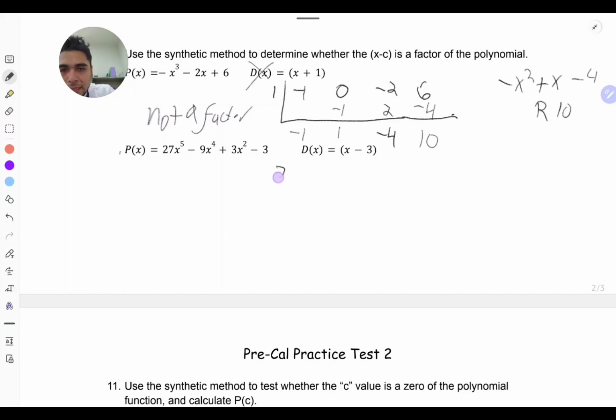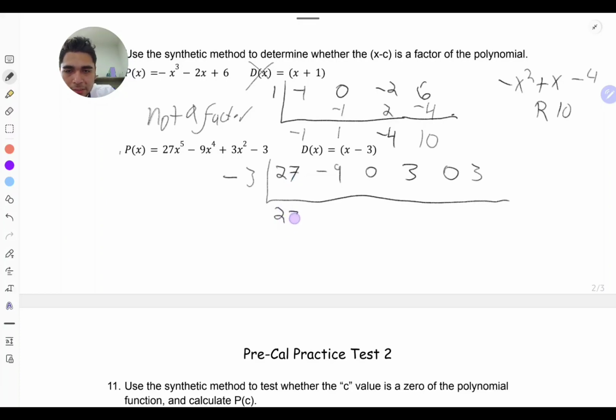Now this one has 27, negative 9, there is 0, there is 3, there is 0, and there is 3. And this is a negative 3. Okay? So of course, bring down the first number, we're left with 27.